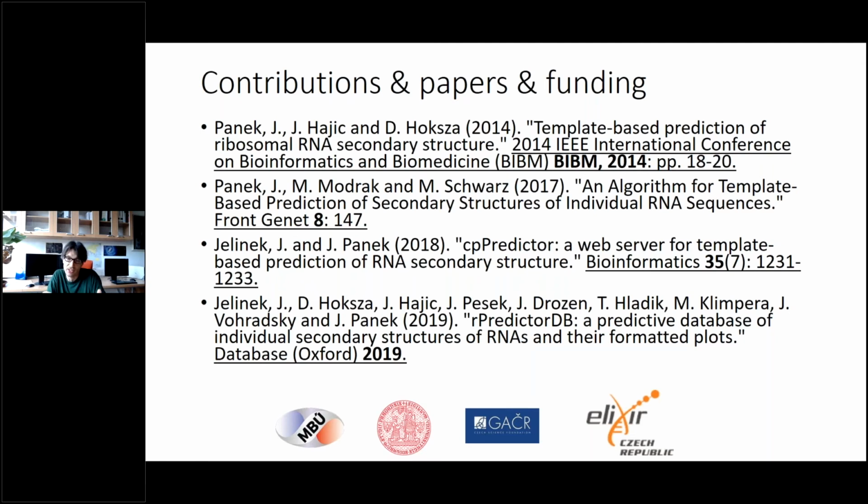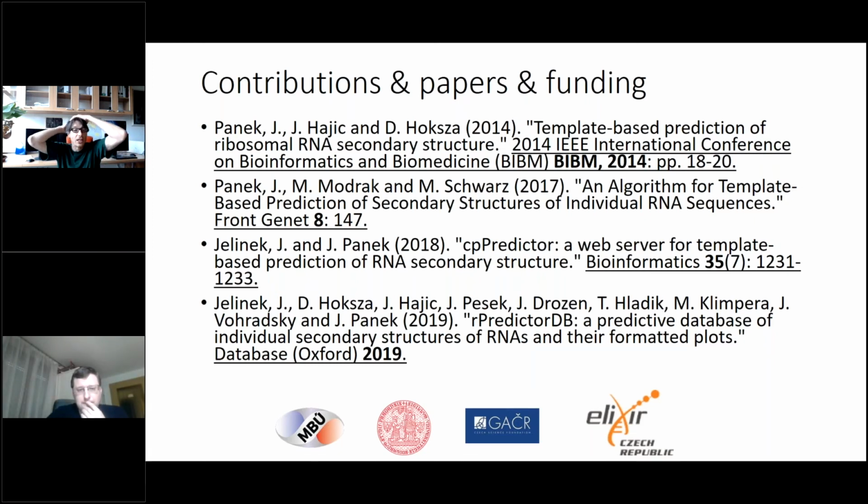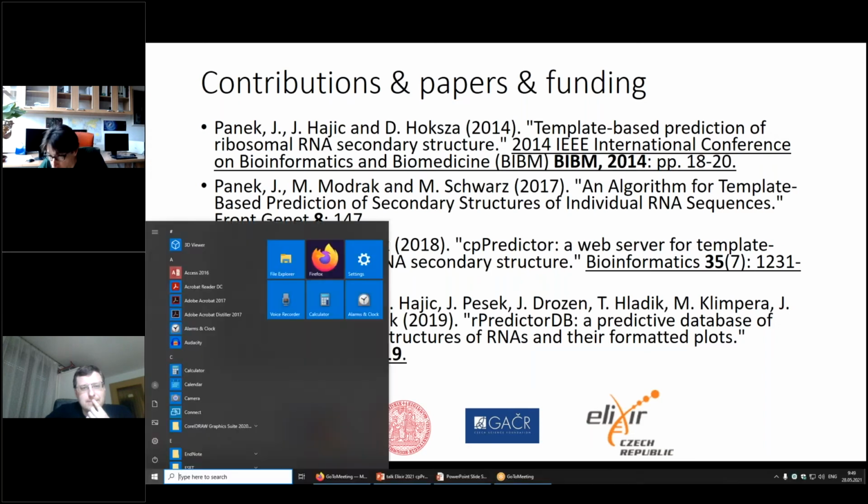Even if these consensus structures give you some information about what secondary structures look like for individual families, it's still a consensus secondary structure that can be different from the structures of the individual RNAs included in it. And the structures are viewed using Traveler, which is based on the same principle as cpPredict, and which you could hear about last week, I believe. So that's it. It was fast, but that's it.